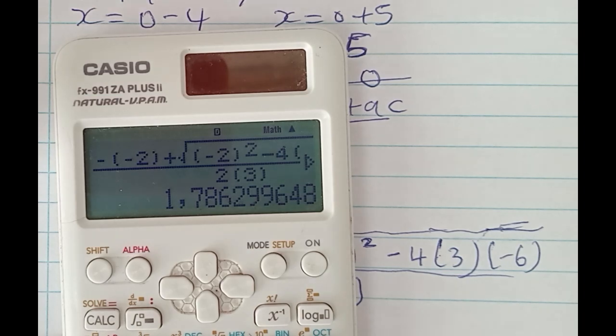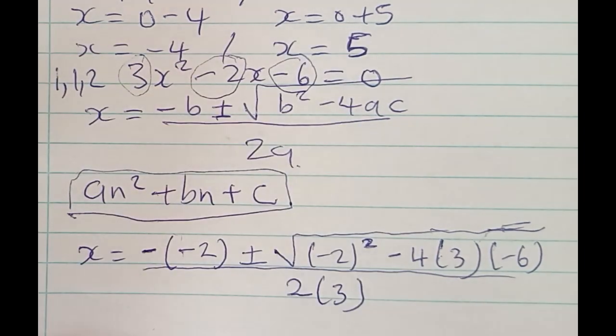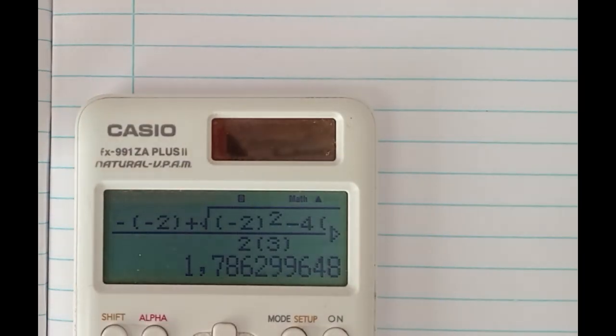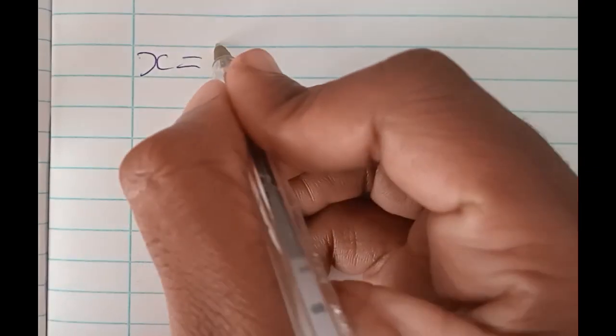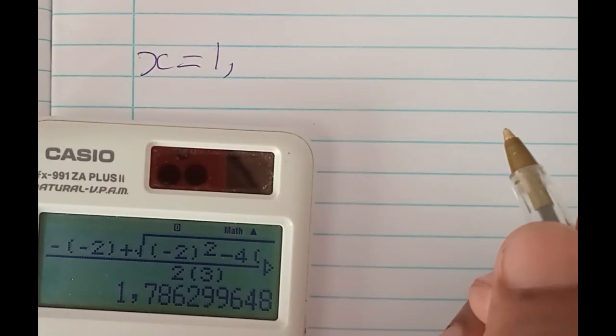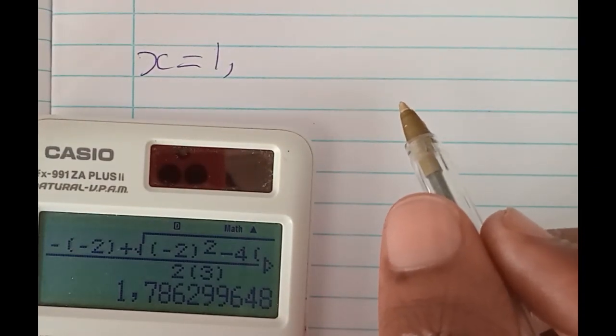Let me shift my camera here because the space was full. Okay, so we got our value here, which is x is equal to 1 comma, and we round it off to two decimal places.